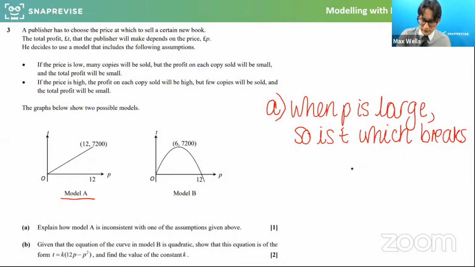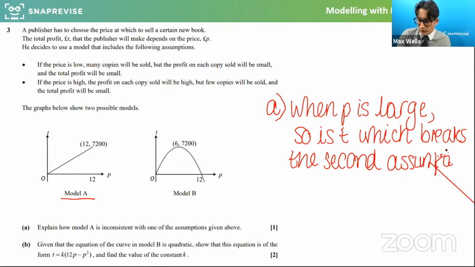So it covers the first assumption, but it doesn't really make sense for the second one. Yes, so excellent, superb. So what breaks is the second assumption, that's the problem. So well done if you picked up on that. It doesn't actually work for the second thing that the question said. Brilliant, really good. And well done for referencing it as a linear model assumption. Yeah, absolutely. That was really good.